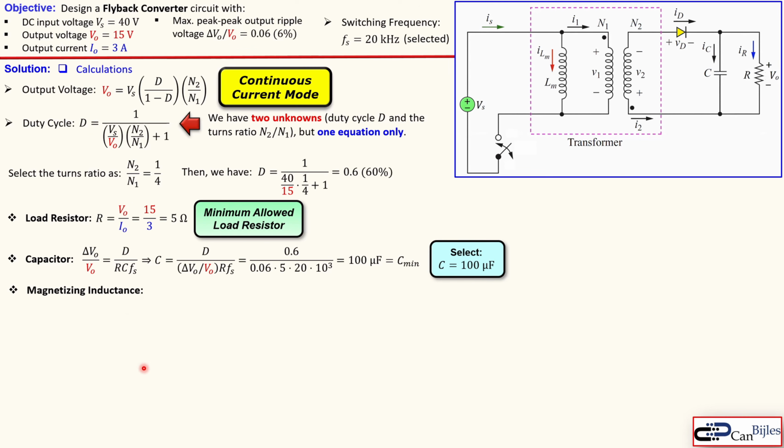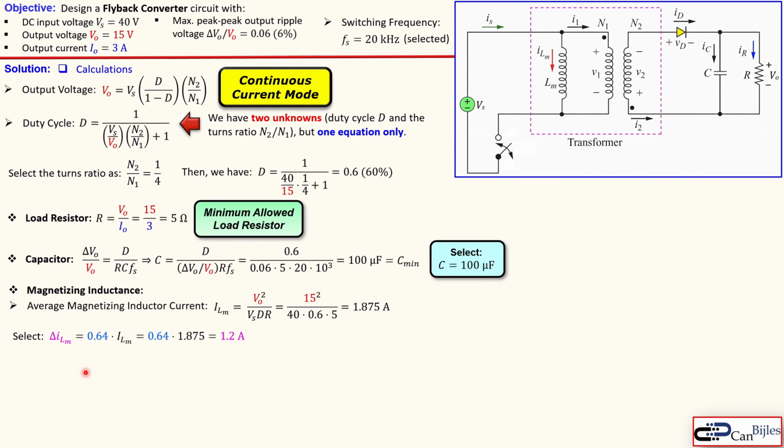The magnetizing inductance is a very important parameter. The average magnetizing inductor current was given by this expression. We have discussed that before, and now we substitute the values. We get 1.875 amps. So you see we have now the values. And we can now select, this is a random selection, the peak current of this magnetizing inductor as a part of the average current of that inductor.